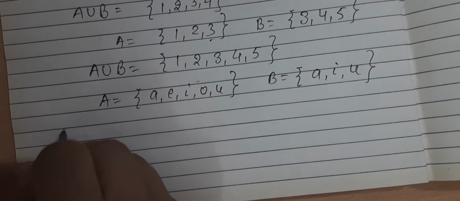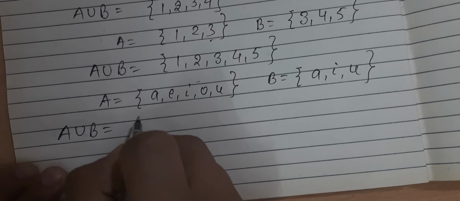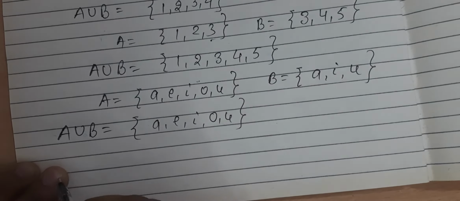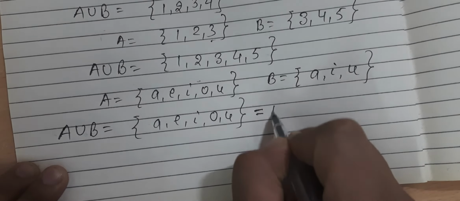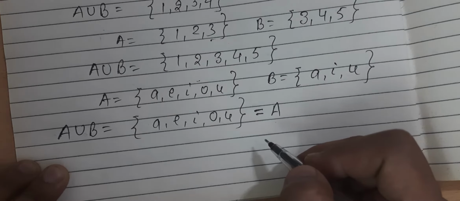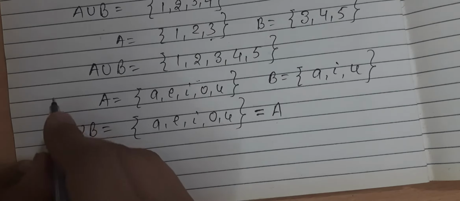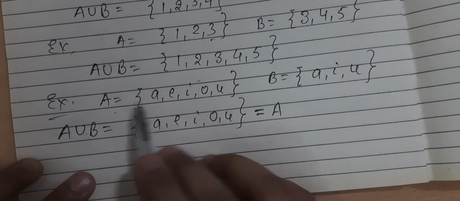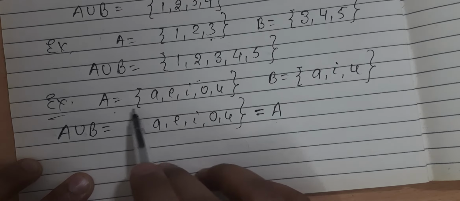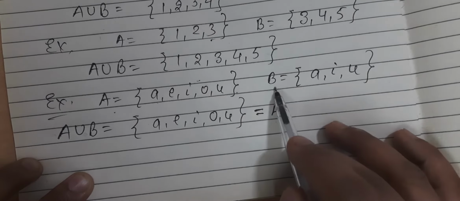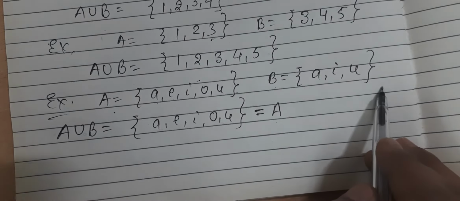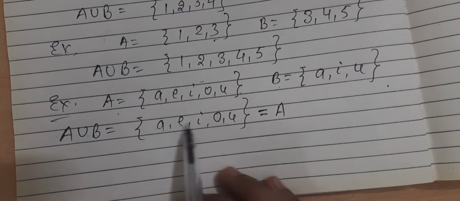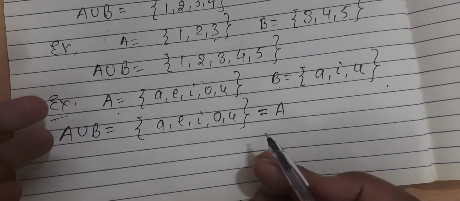When you find A union B, you get a, e, i, o, u, which is nothing but set A only.